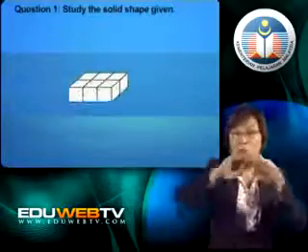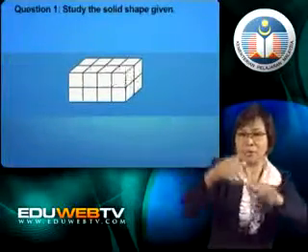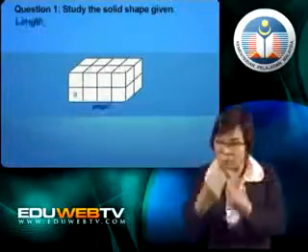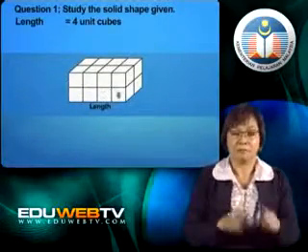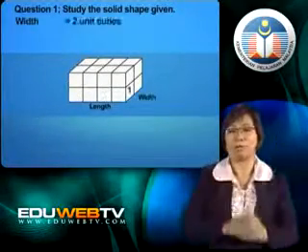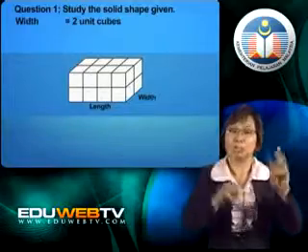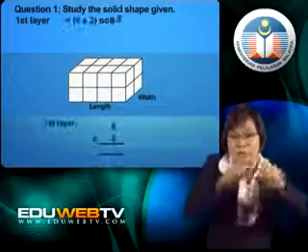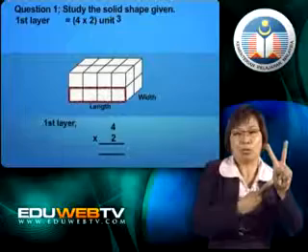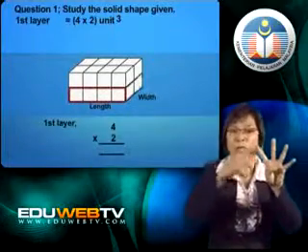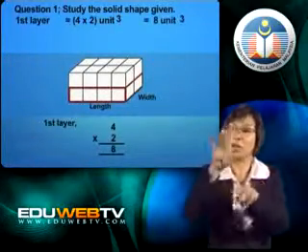Question 1. Study the solid shape given. Count the cubes to get the answer. Length is equal to 4 cubes. Width is equal to 2 unit cubes. To get the first layer, we multiply the length by 2. 4 units multiplied by 2 equals 8 unit cubes.